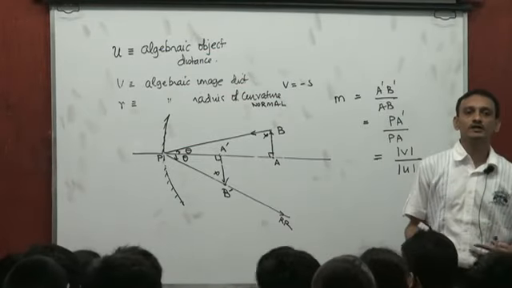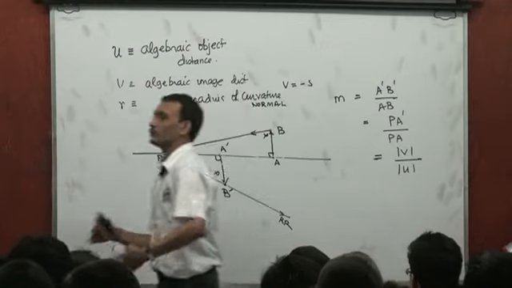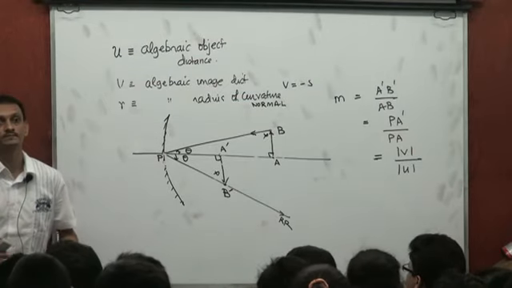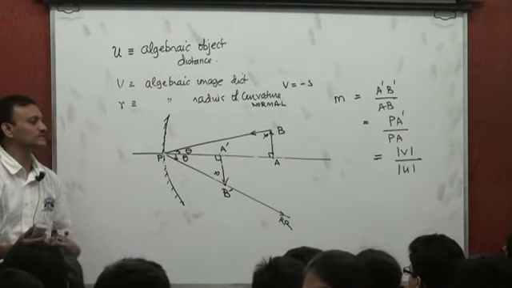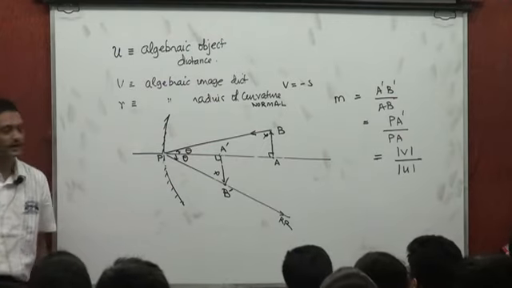so we derived a basic relationship for reflection on a curved surface. Now I arrive at something fundamental for refraction on a curved surface.